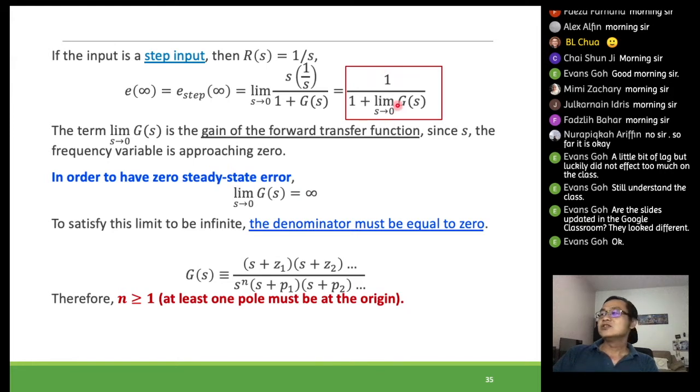So we want only this term to reach infinity. By taking this equal to infinity, we get a zero steady state error.